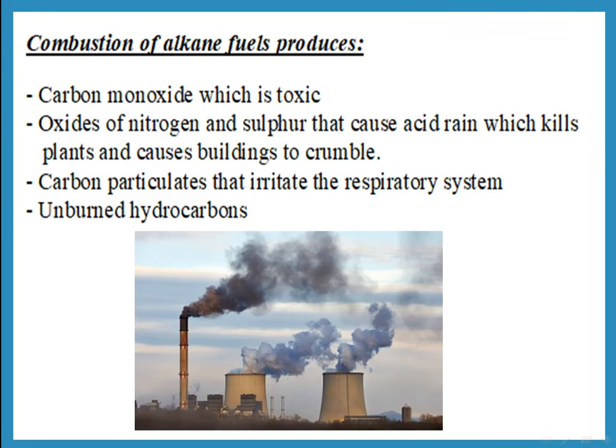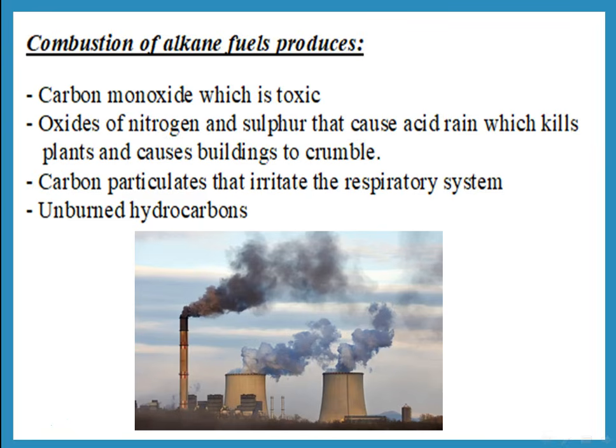And the combustion of alkanes is a problem. So combustion of what we call fossil fuels is a general problem for the climate and for the environment, because we just said it forms carbon monoxide. This is a toxic gas. It also forms other gases like oxides of nitrogen and sulfur oxides that cause acid rain.